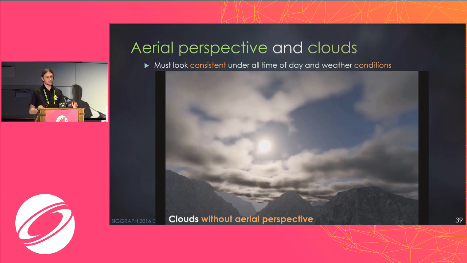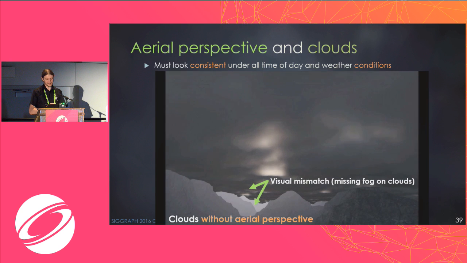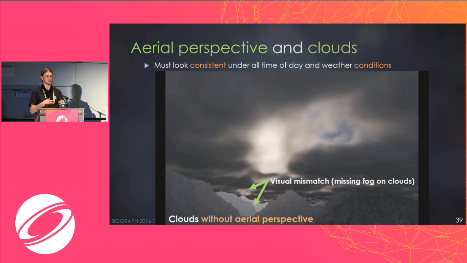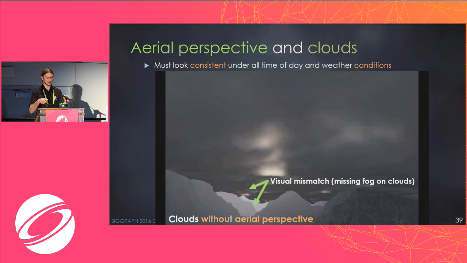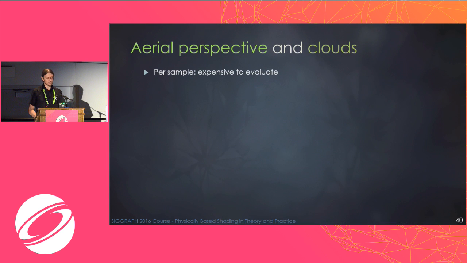Okay, so now we can render all the clouds we need. But if you still render them just like that, you will have a visual mismatch, because you need to take into account the different weather conditions that can happen when artists increase the density. You also need to apply the aerial perspective to them. One could just evaluate the aerial perspective per sample while you raymarch, but that can be expensive.